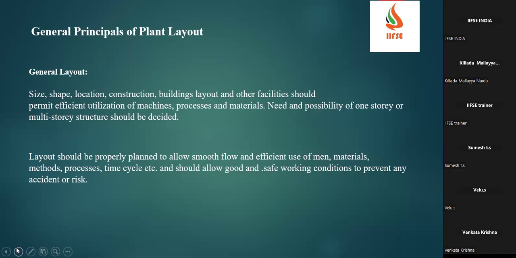It means that if you have a material flow, I'll just take an example. Generally, assume this is the shop floor. Here you have many machines, say 3-4 machines: A, B, C, and D. Here I have a store area.